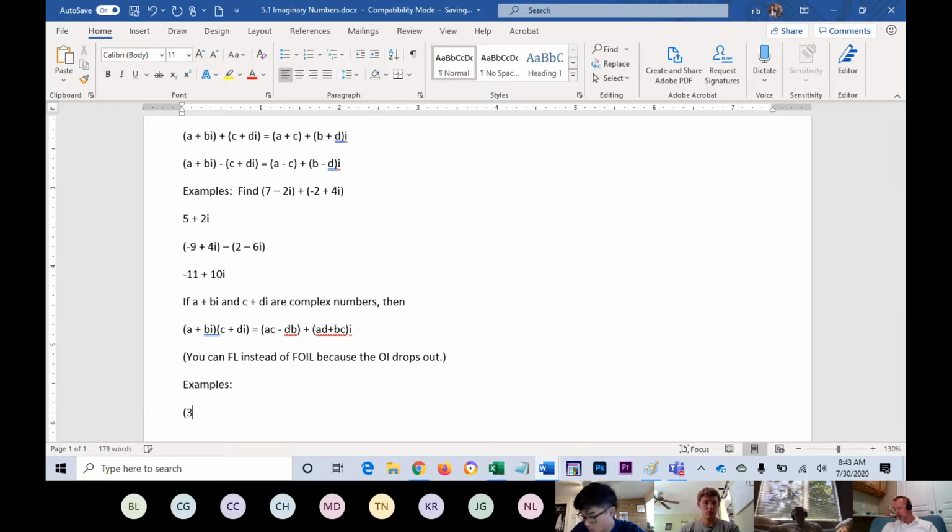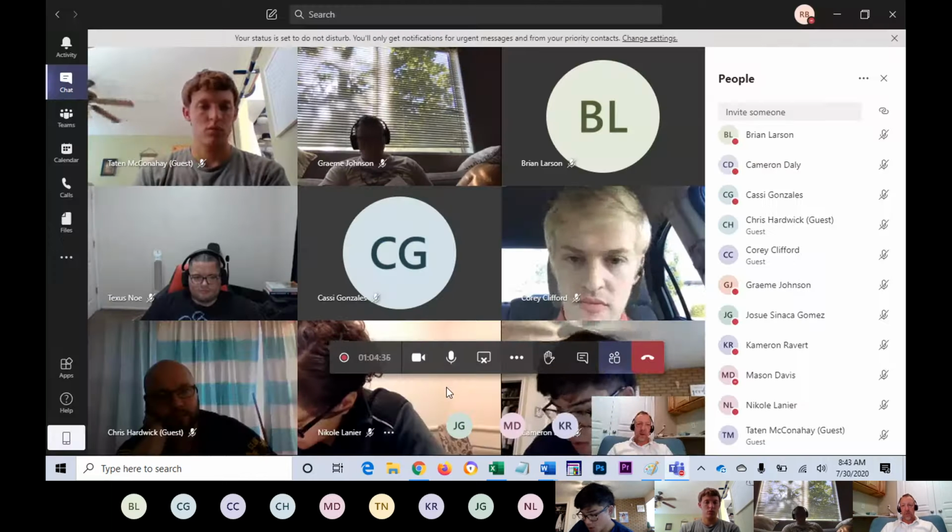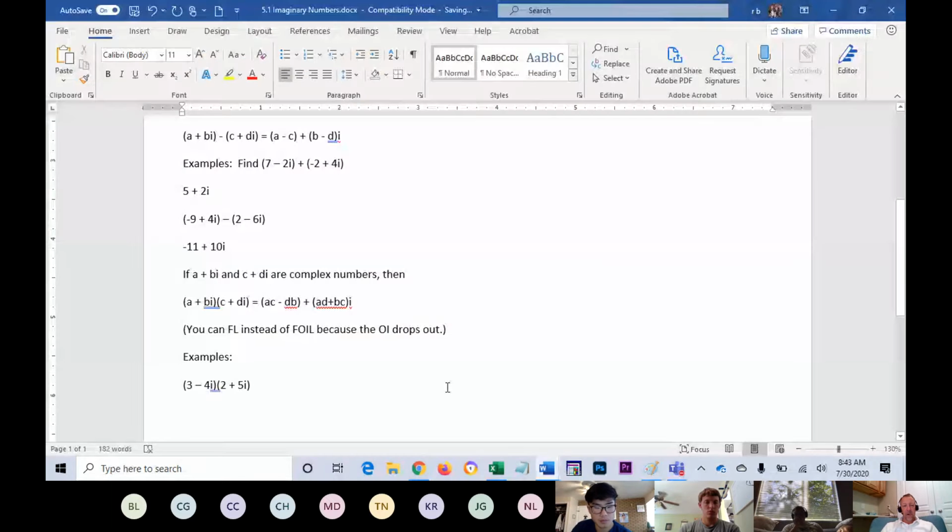If I had 3 minus 4i, and if I multiplied that by 2 plus 5i, who can do this one? How about Cassie? So we take 3 times 2, so that'd be 6.